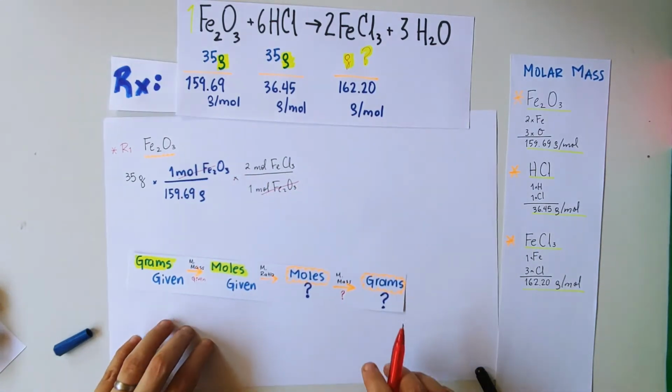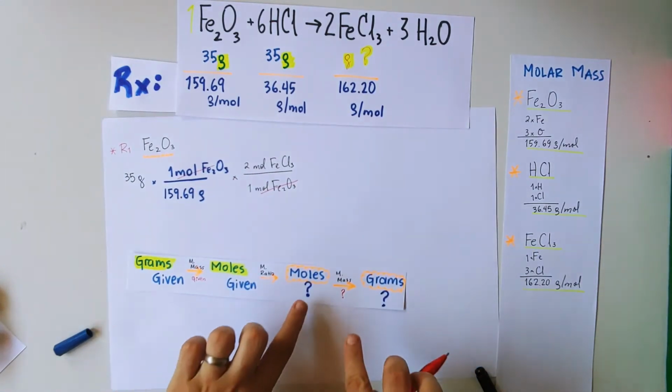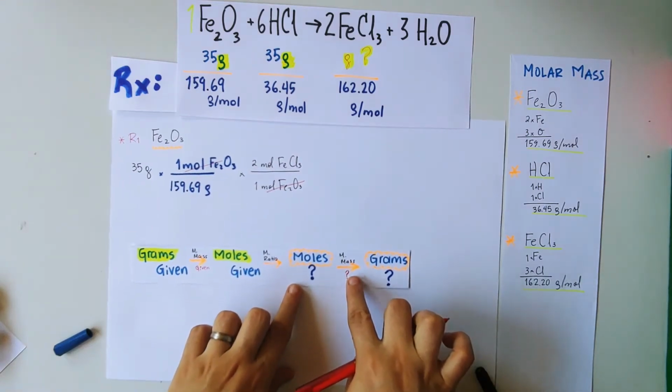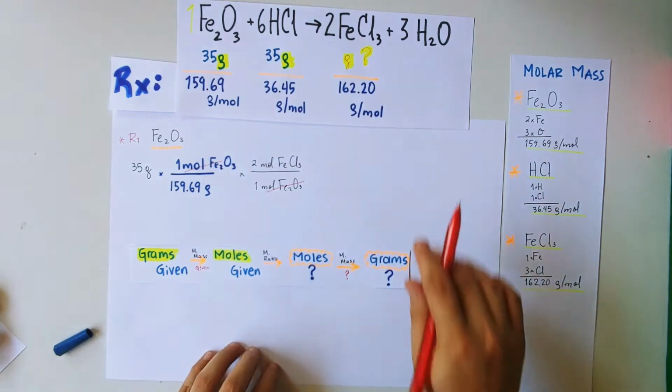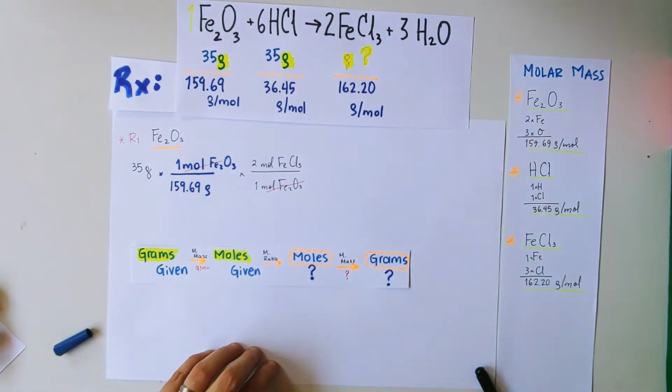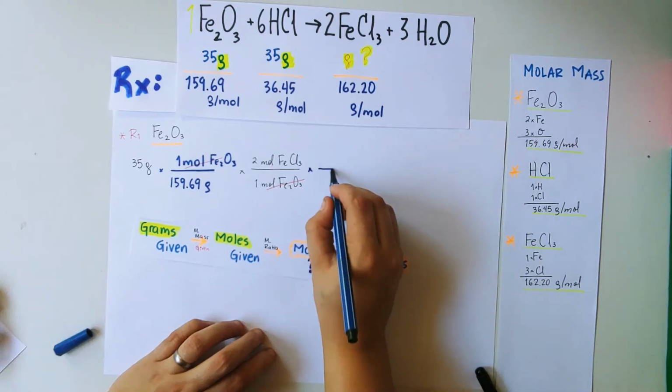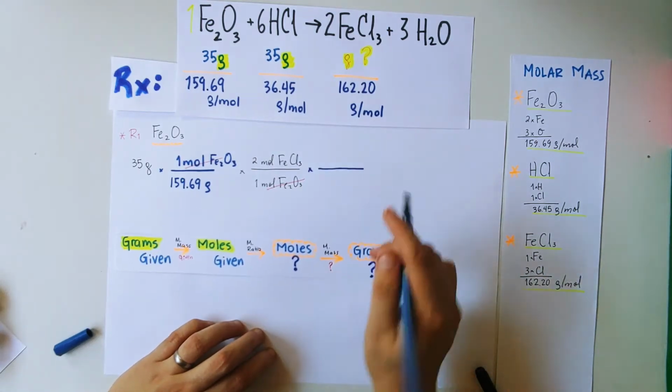Now from moles unknown to grams unknown, you need the molar mass of the unknown, which is 162.2. So we say all these times the molar mass of the unknown.